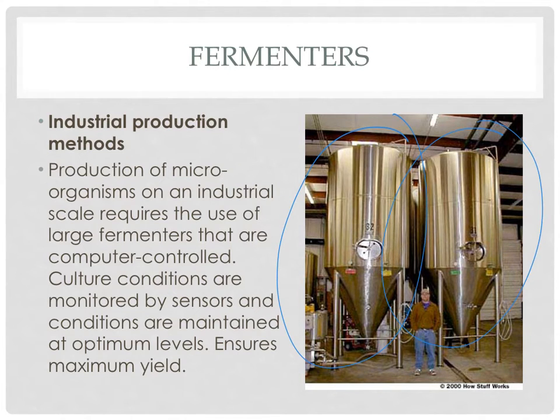You can see there are dials on them and various pipes, and some technology at the side. So growing a microorganism on an industrial scale uses large computer-controlled fermenters, and there are various sensors that make sure that the conditions are kept at an optimal level, and that way you can produce the maximum yield of whatever product it is you're looking for.